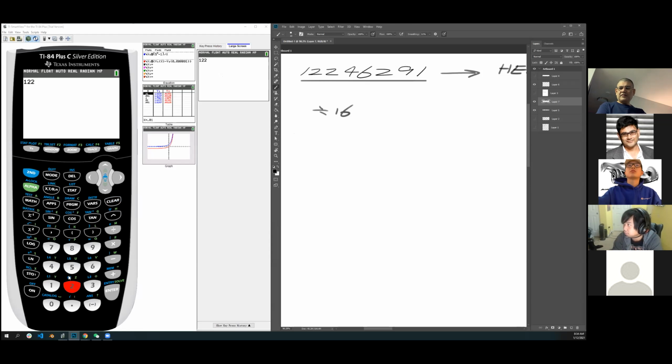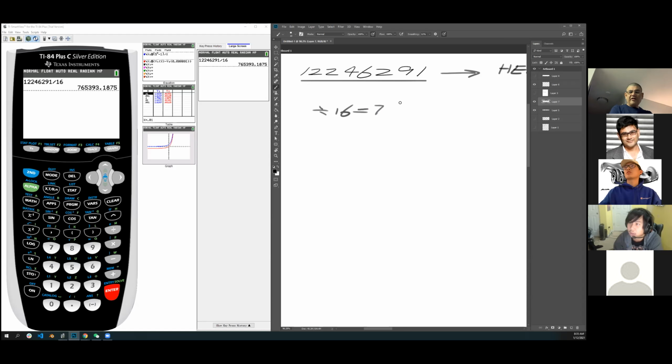That's better. 1, 2, 2, 4, 6, 2, 9, 1 divided by 16. We'll have this number, and then we have 0.1875 left over. And then when we multiply the number after the decimal by 16, we'll get the remaining digit.